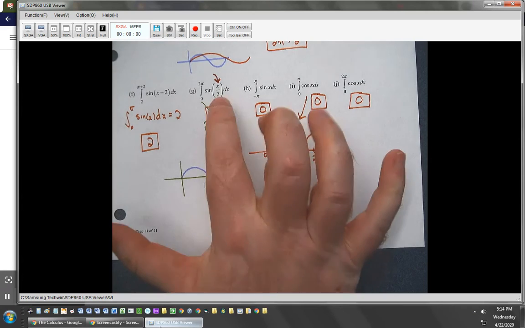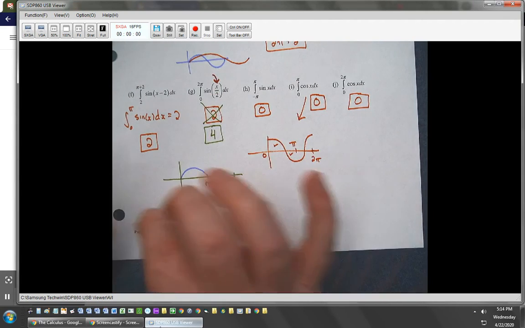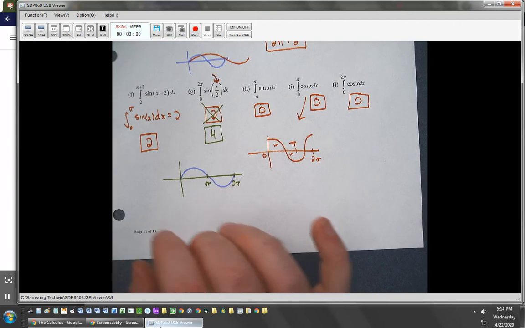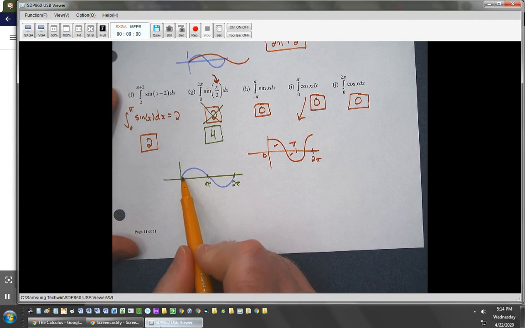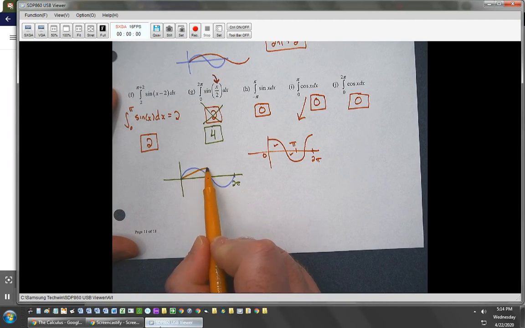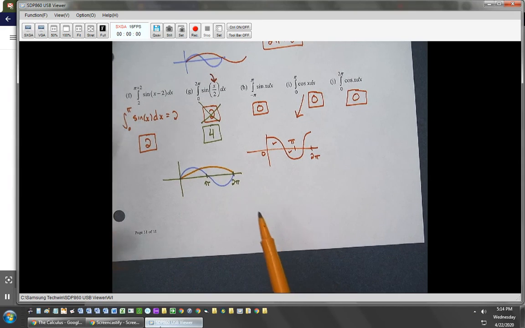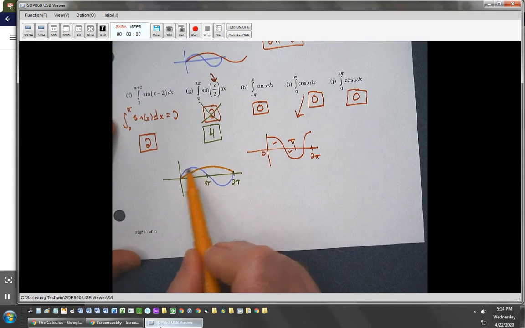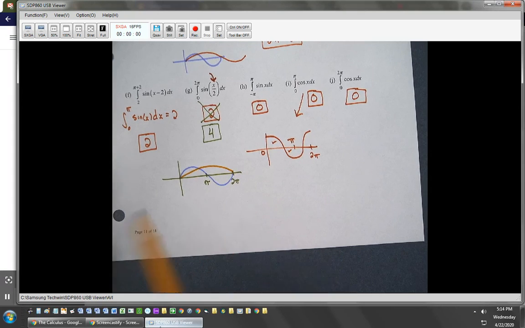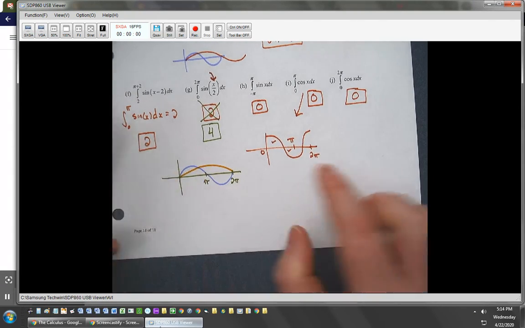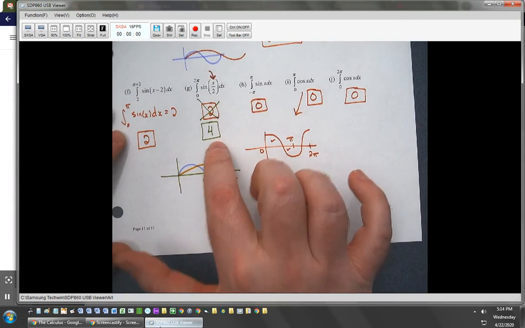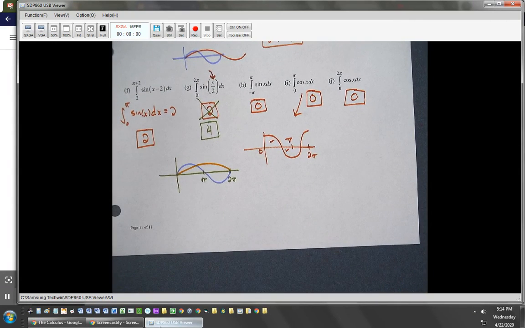Now I was correct that this is going to stretch out, but it's going to stretch that area along the whole thing. So this is going to be clearly more than what it was before. This hump got stretched into twice as long of a hump. So it's going to be the same height, but the base is twice as long. So that's going to actually make that area become a 4. All right, now get that homework done.